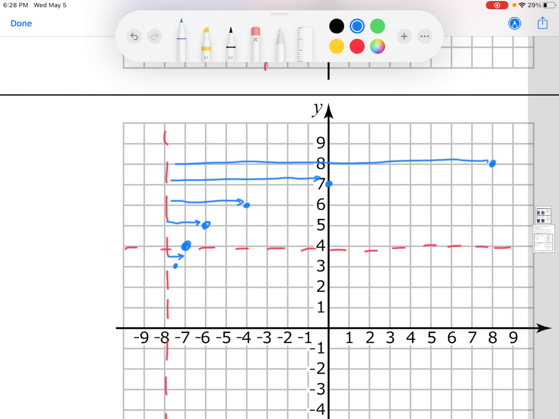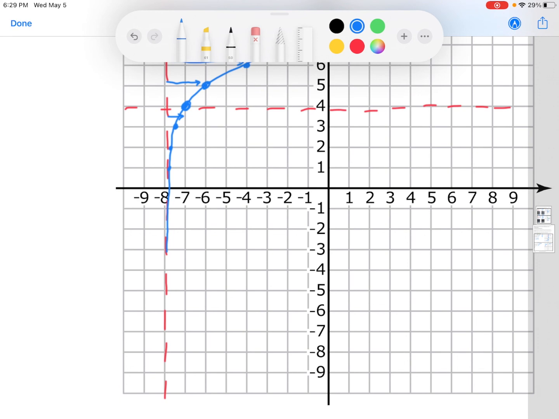And so at 1/2 to the right, I'd have this point here, and then it would be a quarter to the right and an eighth to the right. And again, we'd see that asymptotic behavior begin to manifest. And so this graph would be asymptotic against that vertical line at x equal -8.